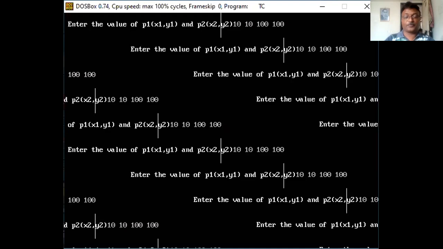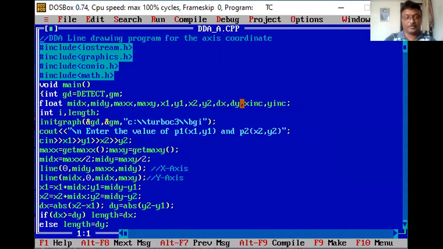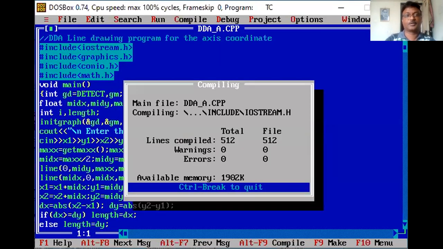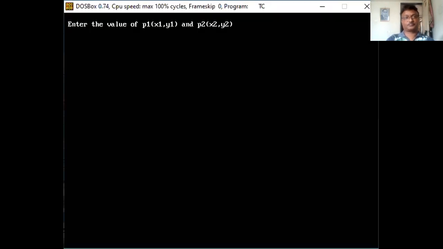Now suppose the user enters negative values. Suppose I enter -10 -10, both negative, and here 100 and -100, one positive and one negative value.